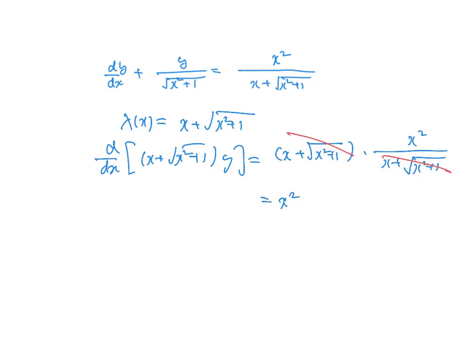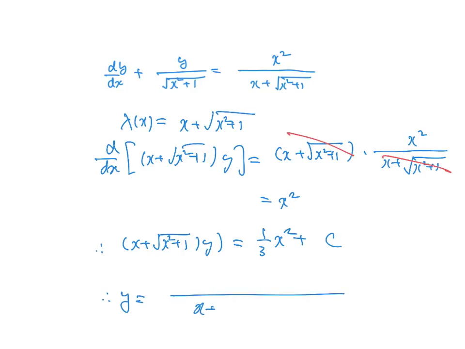So x plus square root x squared plus 1 times y is 1/3 x cubed plus some constant, right? So y is this, x squared plus 1, c plus 1/3 x squared.